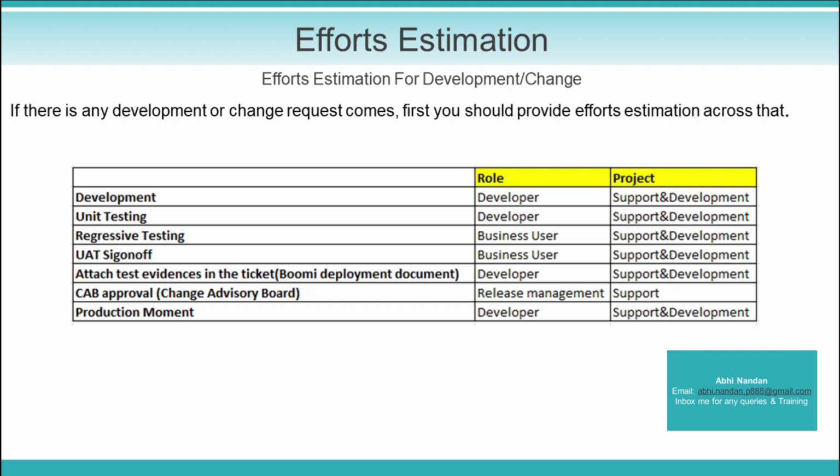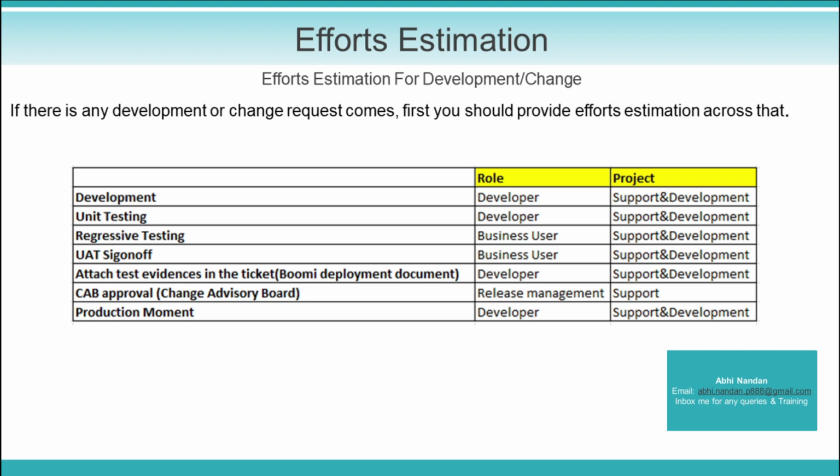So mainly this process is in place because if there is any major impact once the change moves to production, in that case the backup plan should be there. That's where they check whether the backup plan is there for the particular change or development, and by checking those they will approve.